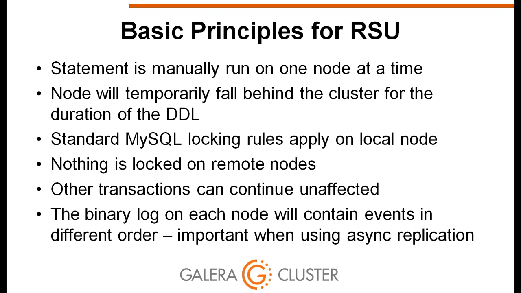So if you happen to use this binary log for some other purpose, such as backup or restore, or you're using this binary log as a source for asynchronous replication, this is an important consideration to have. By running the DDL separately on each node, you have caused the binary logs to become different. The end result may still be the same, but the order of the events internally in the binary log will be different.